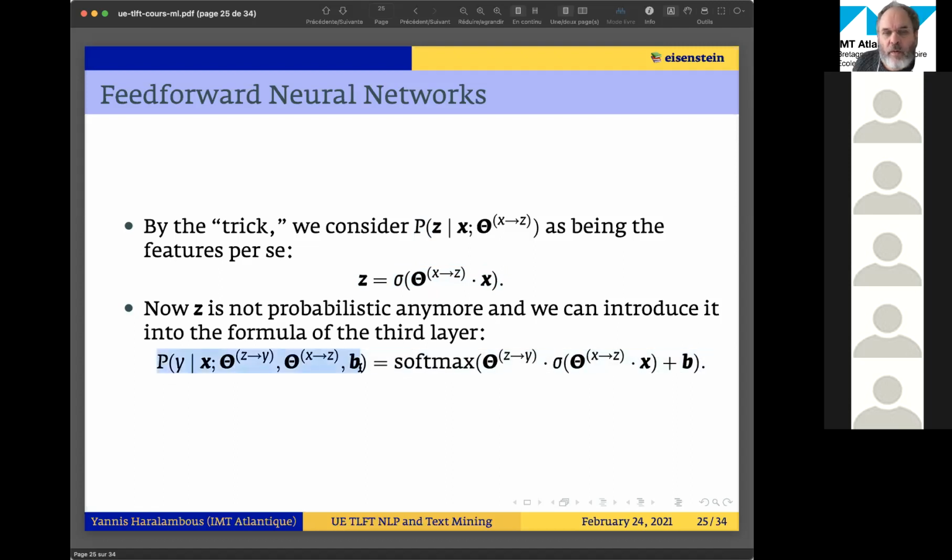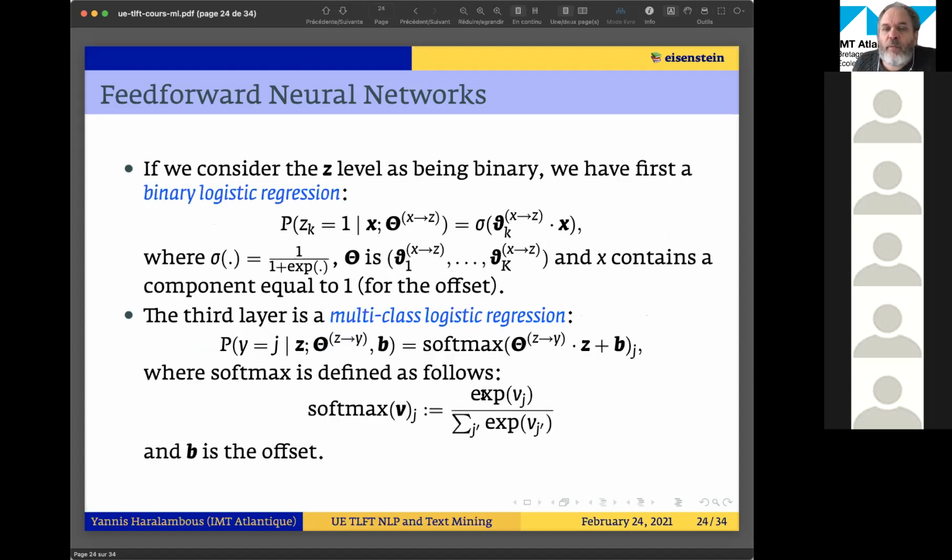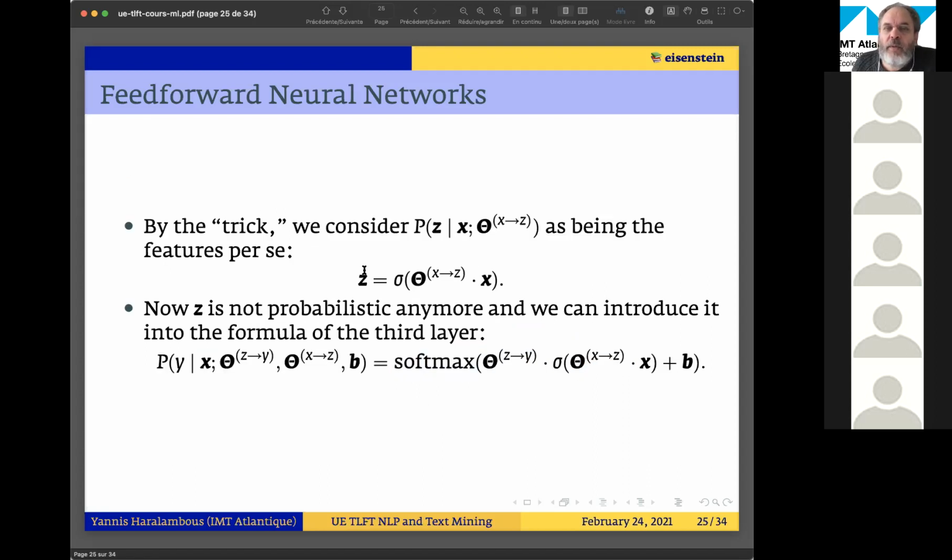And so the last layer, the output layer, conditional to the first layer, using all the parameters of the neural network, so parameters of the first layer, parameters of the second layer, and bias, becomes the softmax of this thing multiplied by Z being that thing.